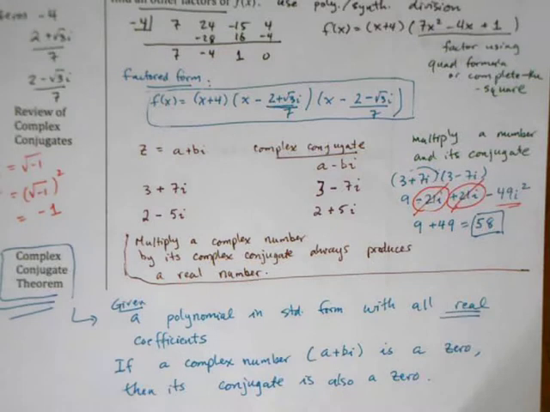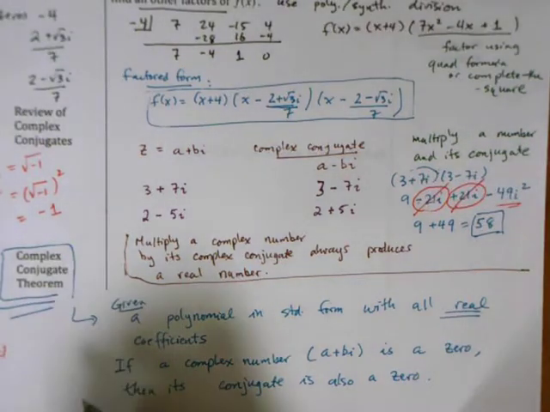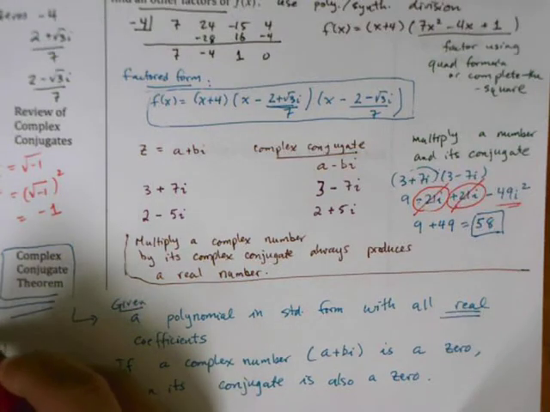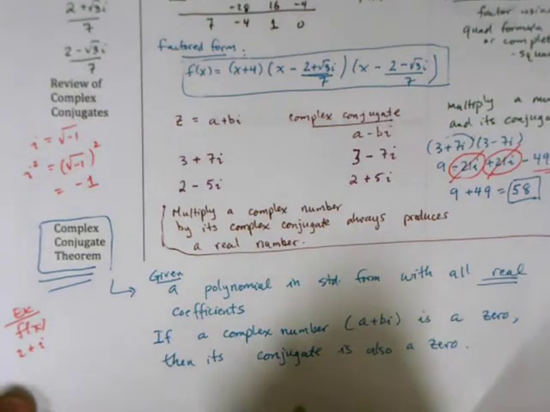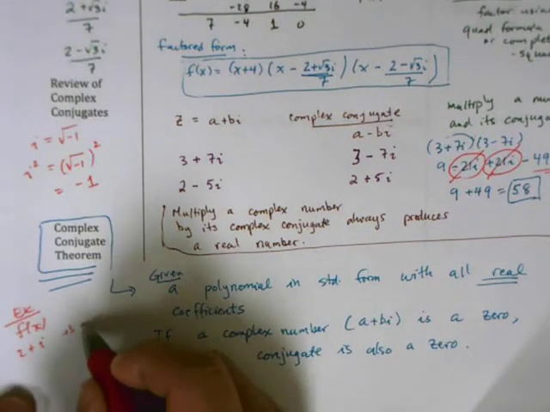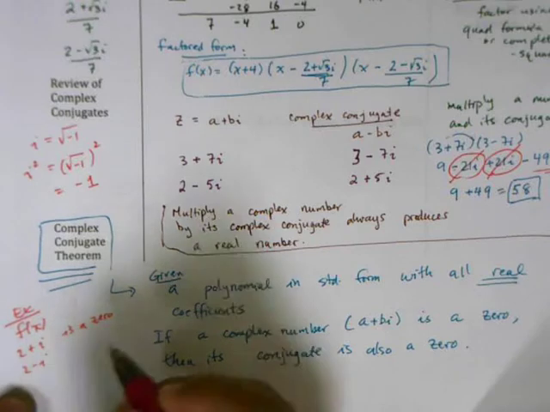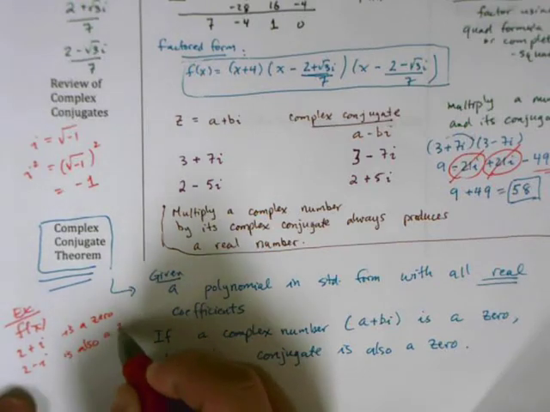So what this means is, if you have some sort of function f of x, and 2 plus i, let's do a quick side example here, is a 0, then 2 minus i is also a 0.